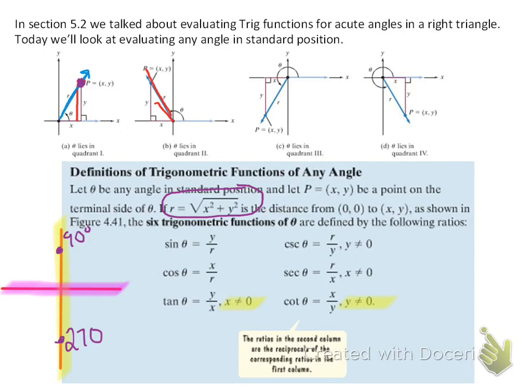So what degree measures do we find on our x-axis? This one's 180. This one's 360, but it's also 0. Good. So the cotangent of 360 is undefined. But what's the tangent of 360?